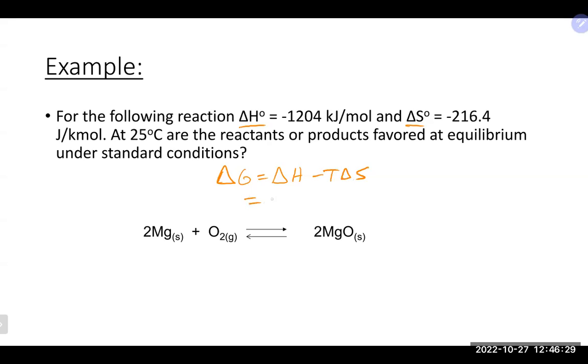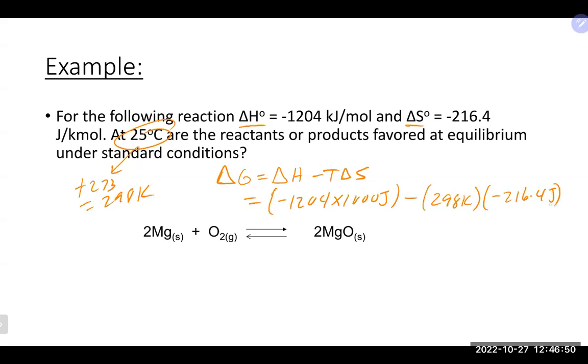Putting my delta H in there, once again I'm going to multiply by 1,000 and put it into joules. I'm also going to add 273 to get my temperature into Kelvin, which would be 298. And our delta S here is minus 216.4 joules.